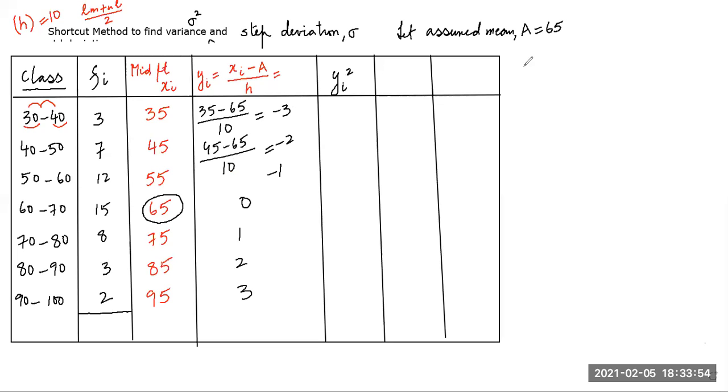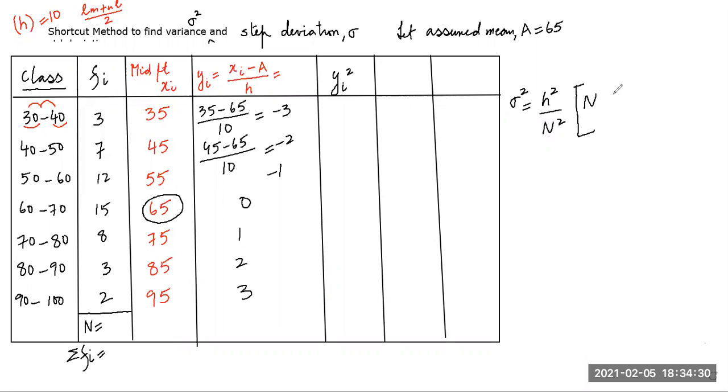But why? Because as we discussed yesterday, the two formulas will be incorporated here. The variance sigma square is equal to h square by n square, into n summation fi yi square minus summation fi yi whole square. Here n is the total frequency, you can also write summation fi is n.